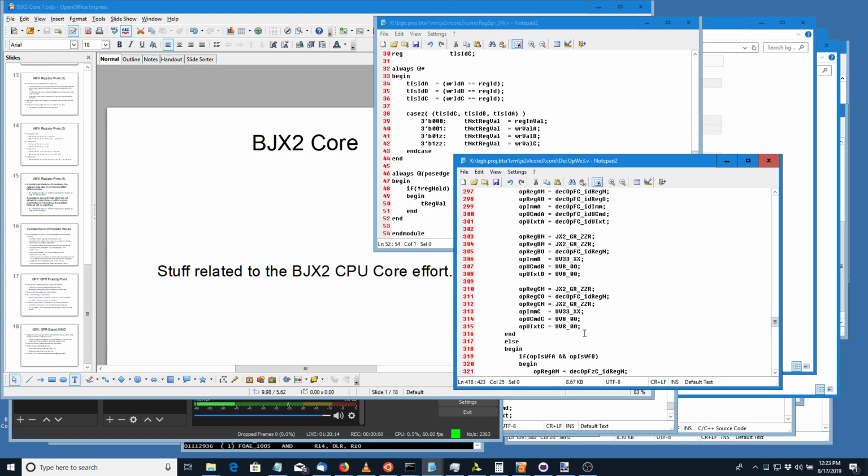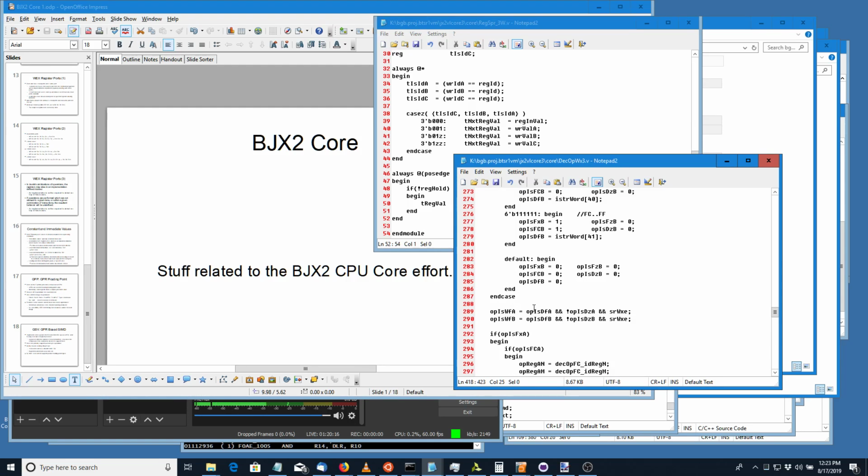As noted up here, the false path is used by WEX. So basically the false path is also used as the WEX bit when not dealing with a predicated op.